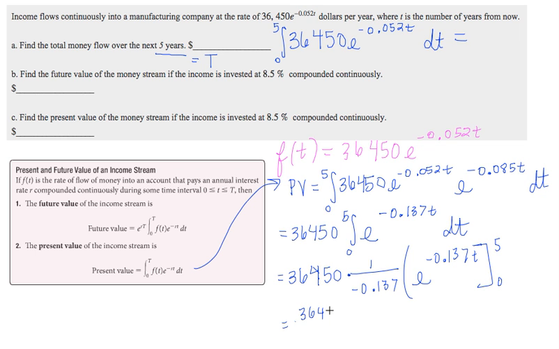So 36,450, we'll go ahead and put the negative right there, over 0.137 times e to the negative 0.137 times 5, which is 0.685, minus e to the 0, and I think you can get that from there.